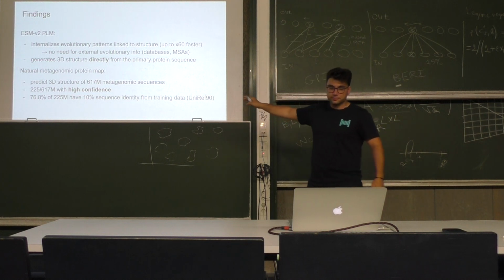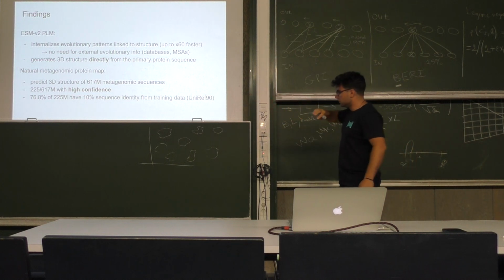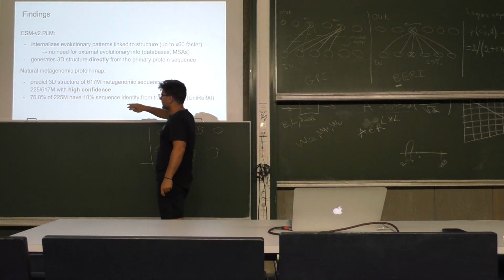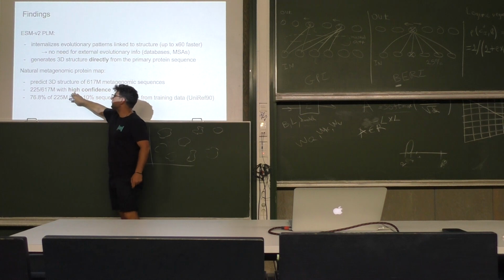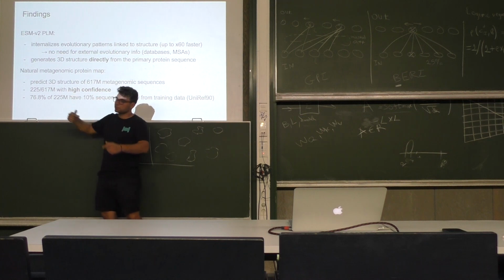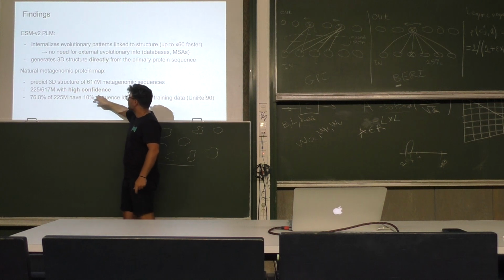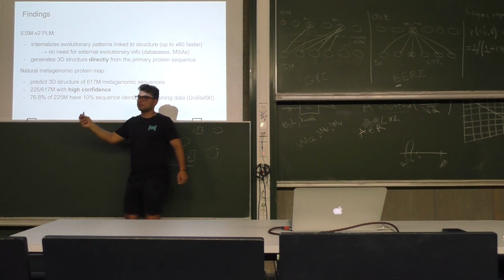And they perform inference. And as you can recall from natural language, we care not just about predicting the 3D structure with some modules on top of the language model that we will not cover, but we care about the model's confidence in predicting something.